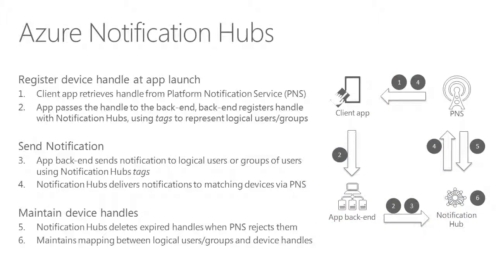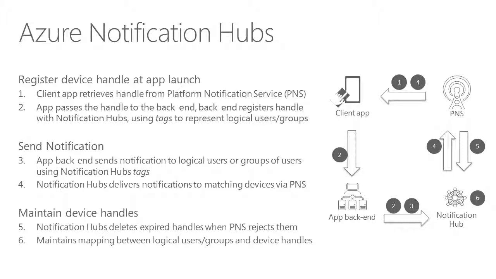That's why we built Azure Notification Hubs. Azure Notification Hubs sits between the application backend and the PNS and helps with the flow that we just saw earlier. Instead of sending push notifications to the PNS, you register device handles with Notification Hubs for mapping them to logical groups and users.